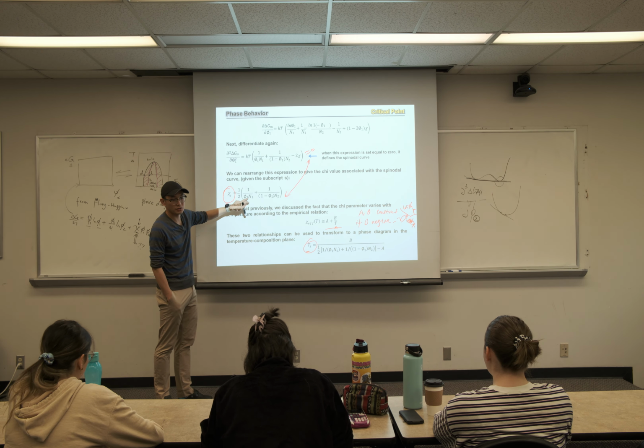So in this case, you need to have chi at least bigger than 2 to make it phase separate. Okay? But if you have a polymer, you will see the chi C will be significantly lower. Because when N goes up, think about a polymer with a degree of polymerization of about 10,000. This will be 1 divided by the square root of 10,000. It's almost going to be 0.01.